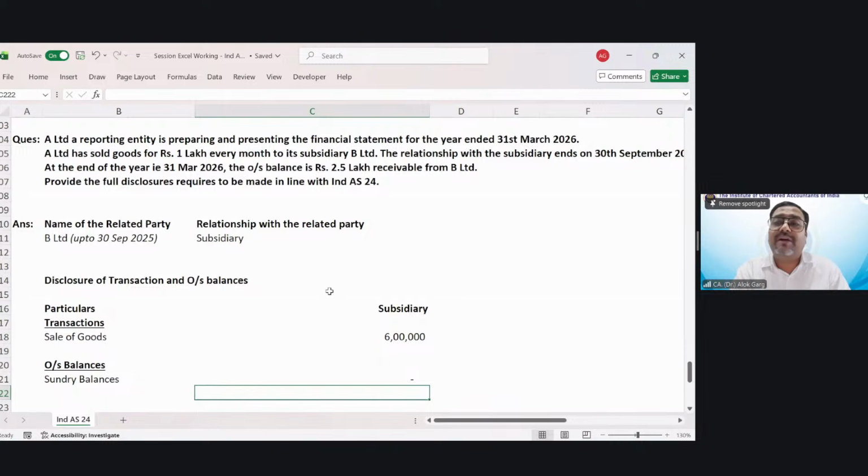Saminathan, you have to revise Ind AS 110 again. You have to consolidate the transactions up to 6 months. So the 6-month P&L of B Limited is required to be consolidated in A Limited.